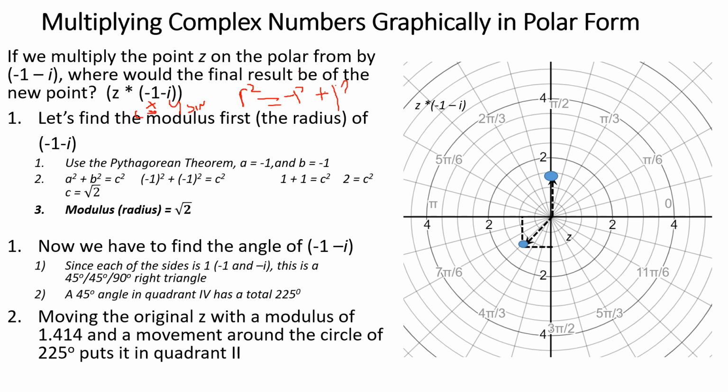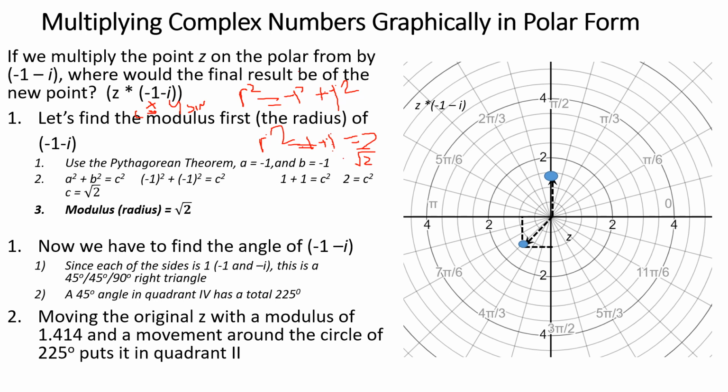Plus 1 squared, or -1 squared. Well, that is going to be 1 plus 1 equals r squared, which is another way of saying 2 equals r squared. And if r squared equals 2, then r equals the square root of 2.